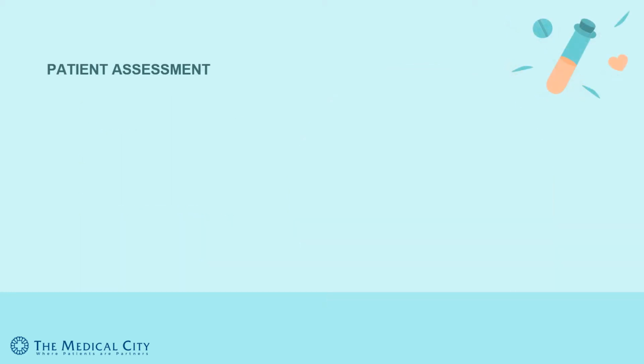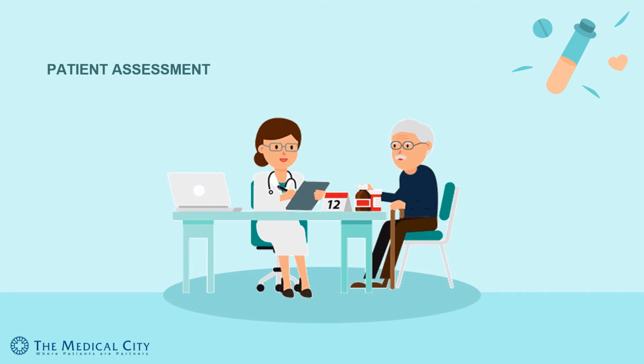We now move to patient assessment. Physicians must know all the predisposing conditions affecting their patients. A patient may sustain fall-related injuries because of these. It is a must for all physicians to know more about their patients who may become vulnerable from falling.